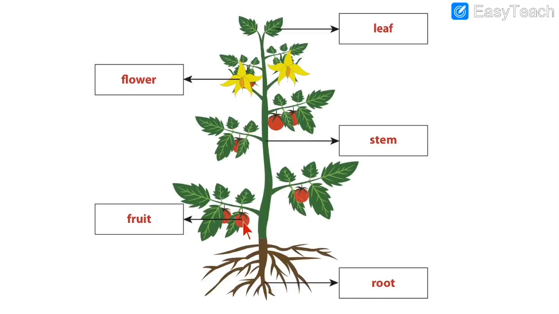Then fruit: over here you can see red color, tomato, yummy fruit. It is the part that has seeds. And the last one, root, which is underground. It holds the plant to the ground. So this is how you have to label the diagram of parts of a plant.